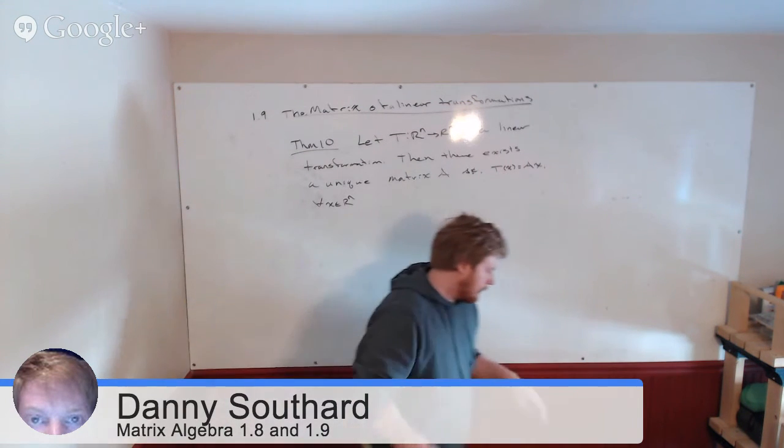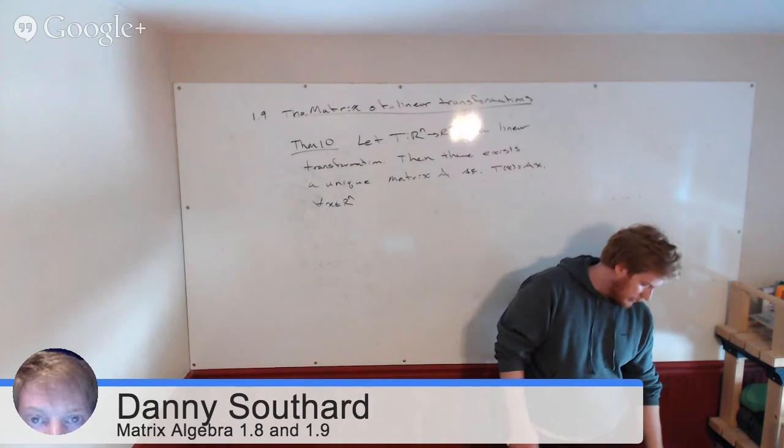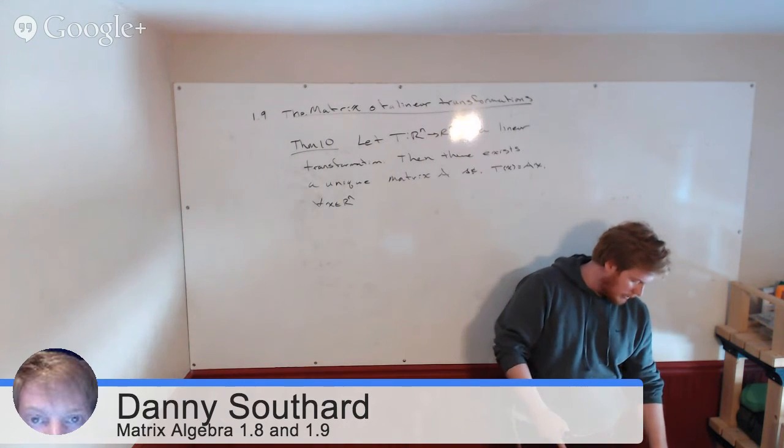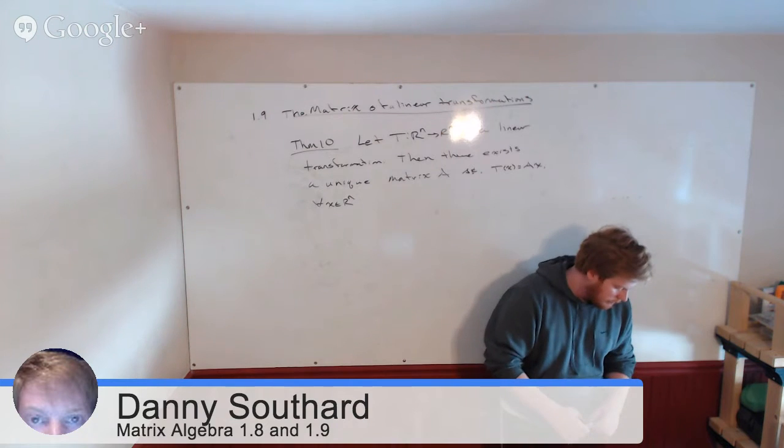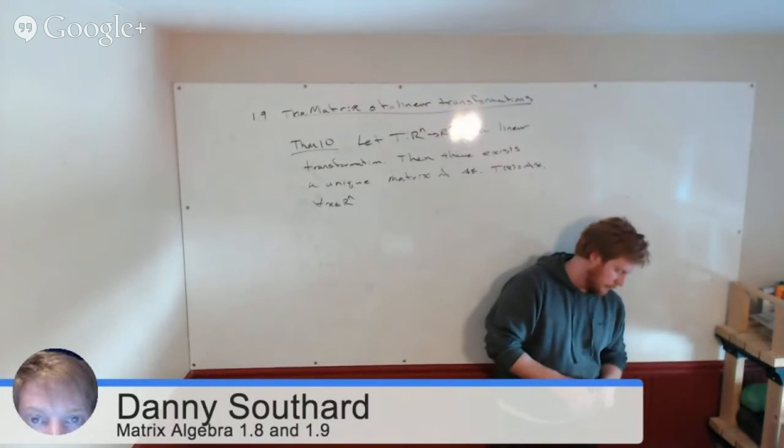In fact, A is the m by n matrix whose jth column is the vector T of e sub j, where e sub j is the jth column of the identity matrix.